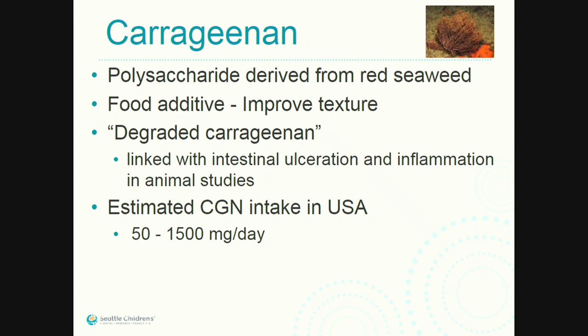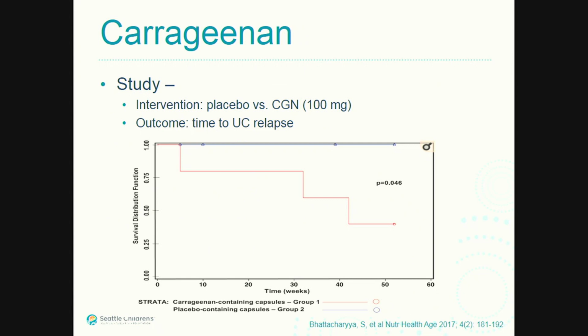And I wanted to show you a human study because there are so few of them done with food additives, but I thought this study was intriguing for a number of reasons. One is that they were able to get it through the IRB to do. The other is the results of the study.